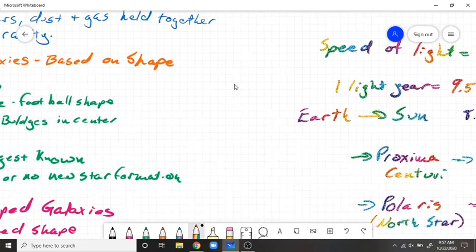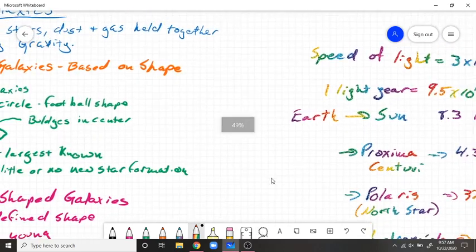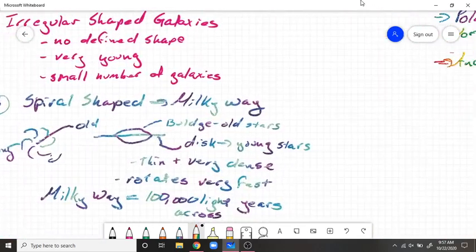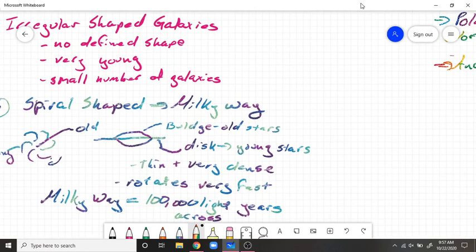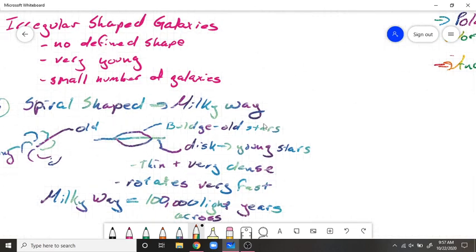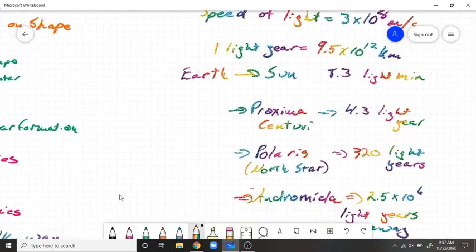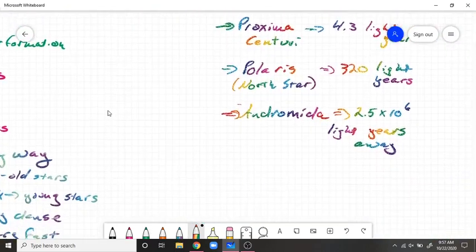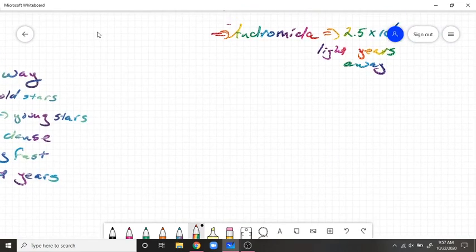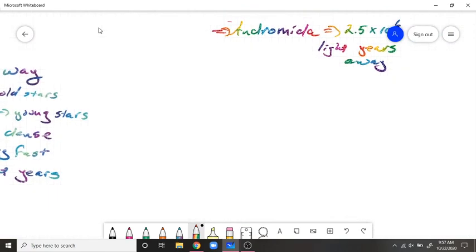So I guess there's actually 4 things I want you to take away from today's lecture. 1, we live in a spiral-shaped galaxy and it's called the Milky Way. 2, that a light year is actually a very big distance, and we are talking about the vastness of space.